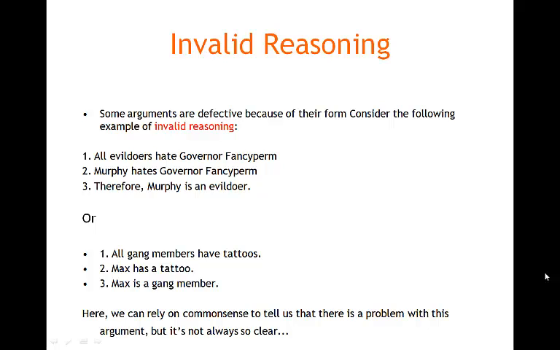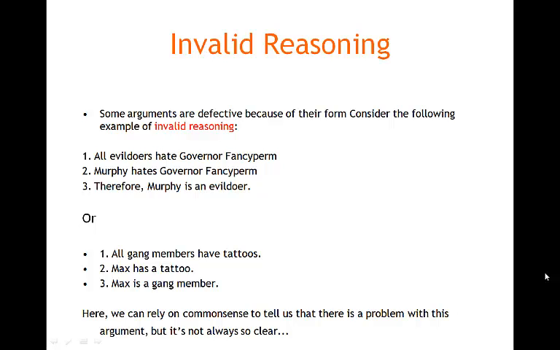Can you see the problem with that? I presume it's straightforward enough. Just because all evildoers hate Governor Fancy Perm, and Murphy shares that property of hating the governor with the evildoers, so both Murphy and the evildoers hate the governor.